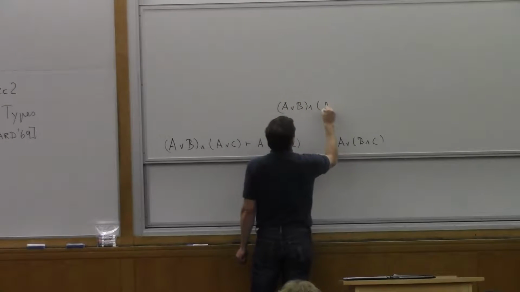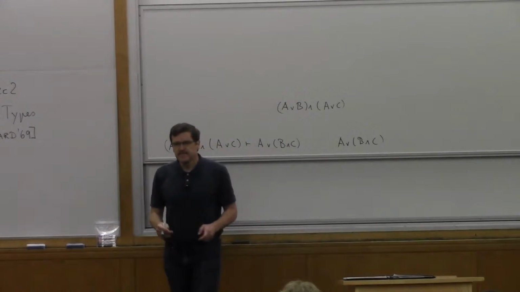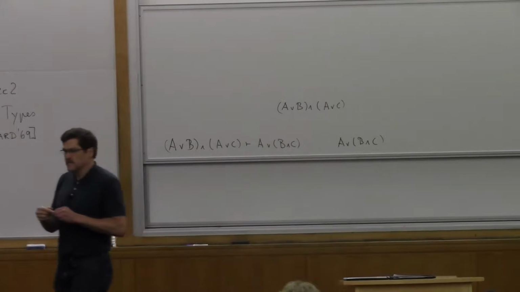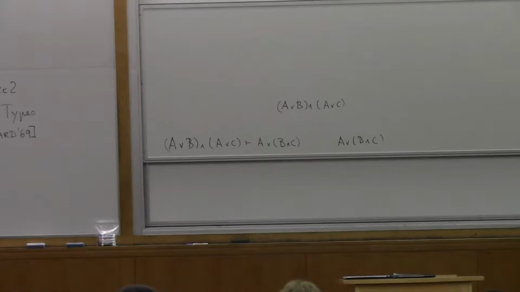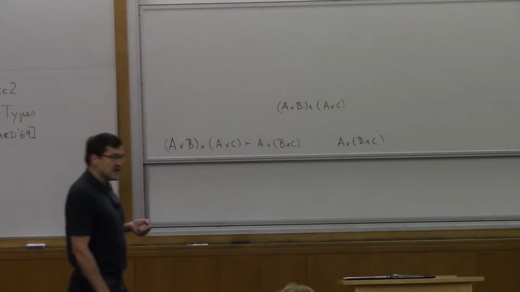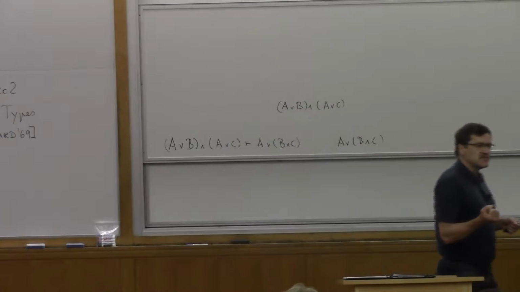And A or C. Now the general strategy in doing this kind of natural deduction proof is that we only use introduction rules from the bottom to the top and elimination rules from the top to the bottom. That's the basic strategy. We apply elimination rules to something that we know, and we apply introduction rules to something that we're trying to prove.